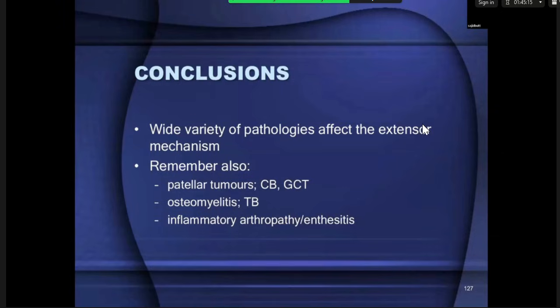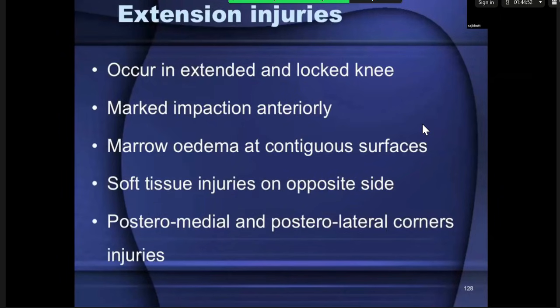Then I've shown you examples of chronic trauma and chronic tendinopathy, stress-related injuries, both at the attachment of ligamentum patellae to the inferior pole of patella, the Sinding-Larsen-Johansson disease, and the distal ligamentum patellae attachment to the tibia, the Osgood-Schlatter disease. We briefly talked about tumors and soft tissue masses around the knee.